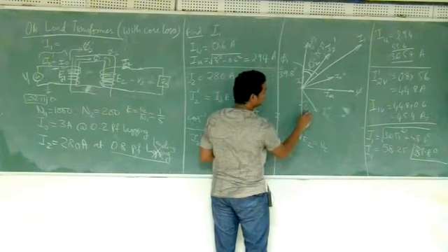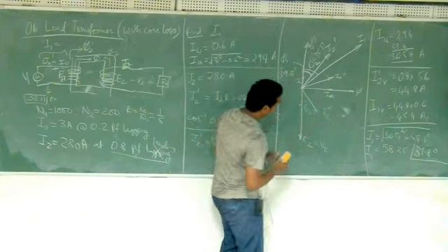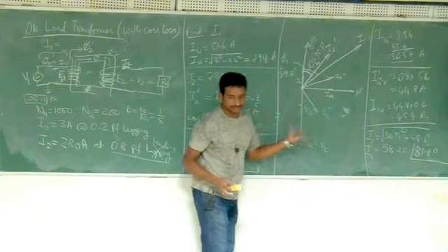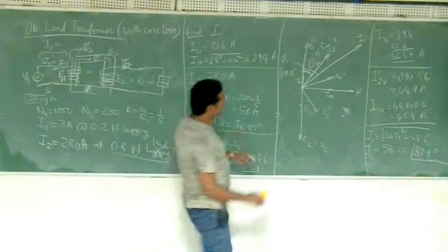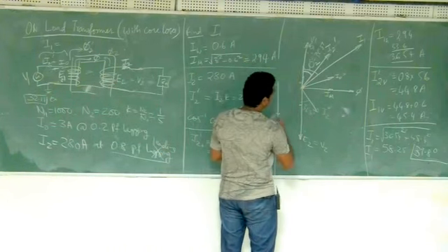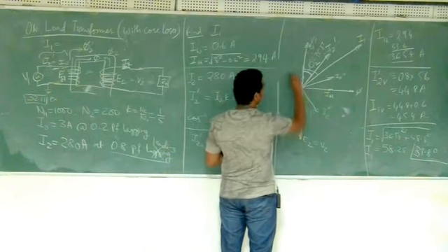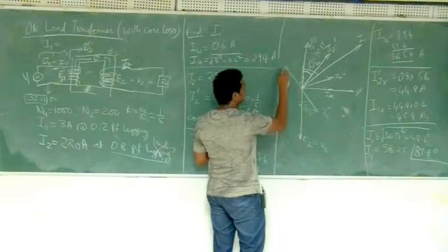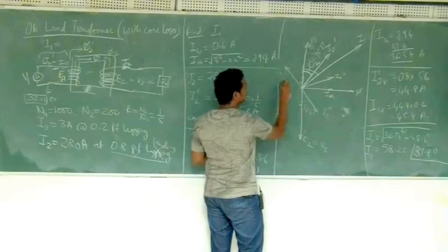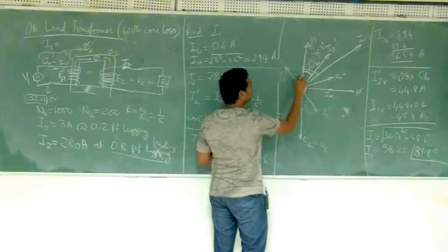This is 36.8 degrees. So I2 will be leading V2 because the load is a leading load. Now because of that, I'll get another current here, exactly 180 degrees opposite to that. I2 dash. The magnitude will be 56, but this angle will be 36.87.